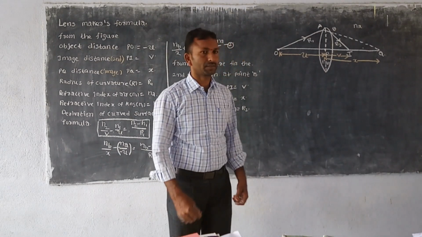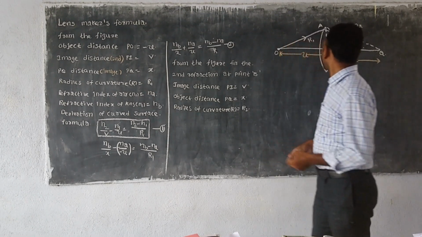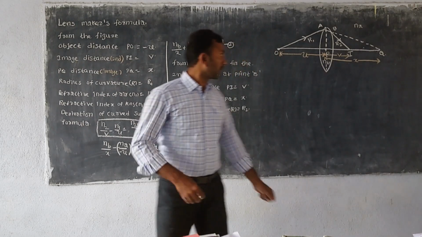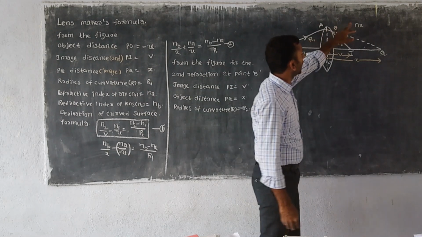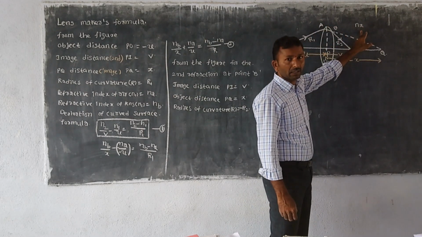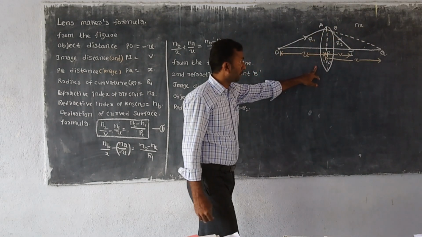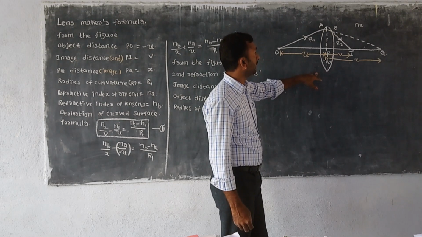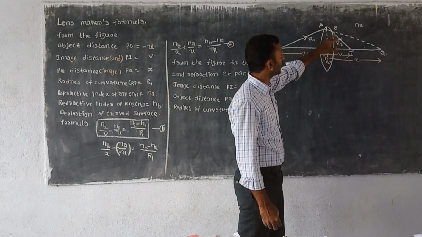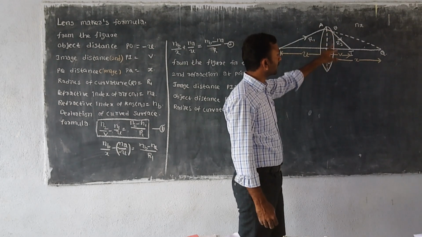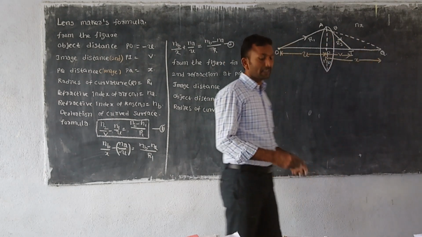In the first case, the refractive index of air was taken as medium 1 and the lens as medium 2. But here the light ray is coming from the lens first, so the lens refractive index is taken as medium 1 and air as medium 2.